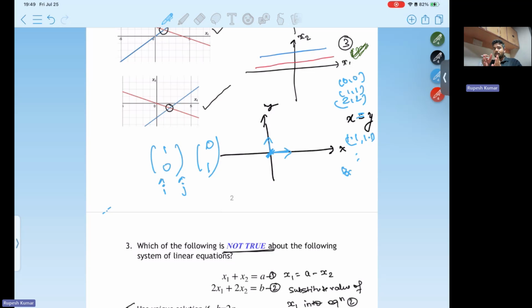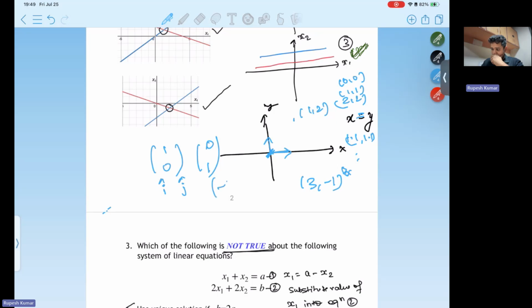Now what are the points in this two-dimensional space that you can span, that you can go to using a combination of these two vectors? Can anyone tell me? Can you go to the point (1, 2)? Can you go to the point (3, -1)?